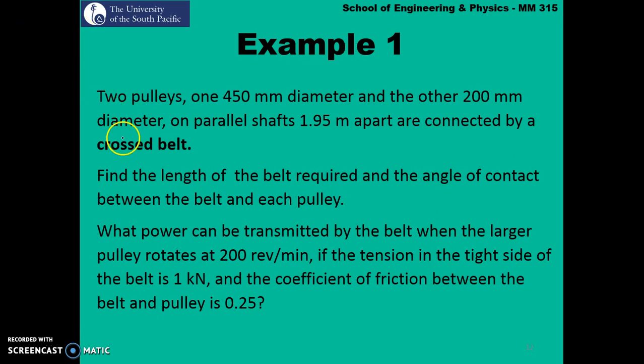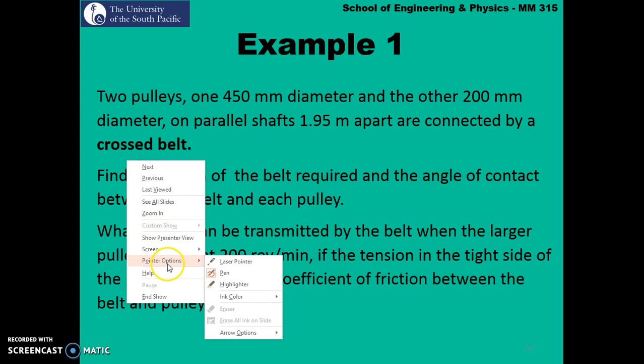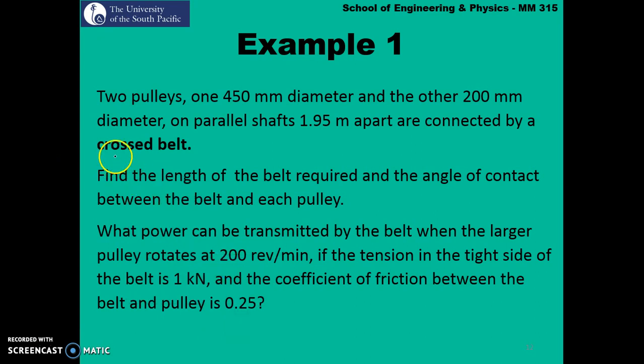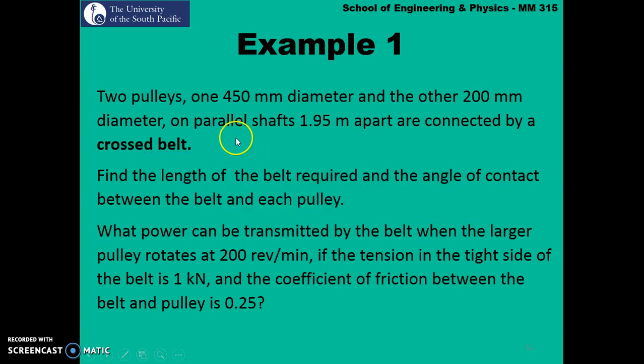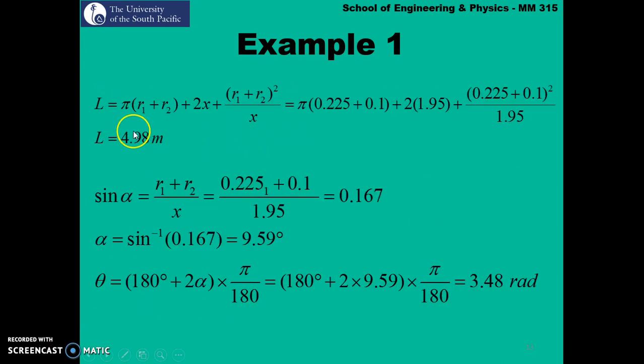The first thing is, we know that we have a cross belt drive system. Let's look at our equations for finding the length of the belt for a cross belt. You'll use this equation as it is. The length of the belt is simply given by this relation, so we'll substitute all the values appropriately.